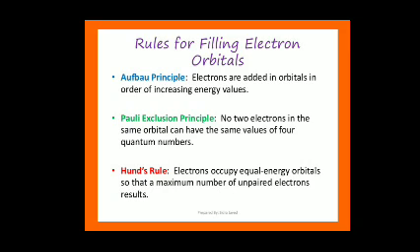That means the principal quantum number n, azimuthal quantum number l, magnetic quantum number m, and spin quantum number s. Of these four quantum numbers, at least one must be different for two electrons. No two electrons in an atom can have the same values for all four quantum numbers.